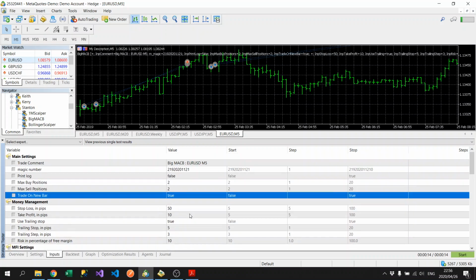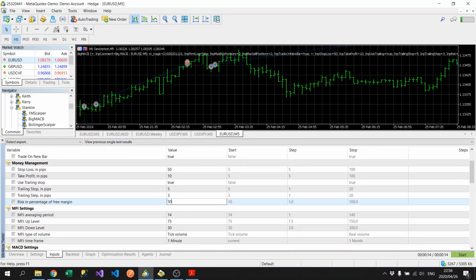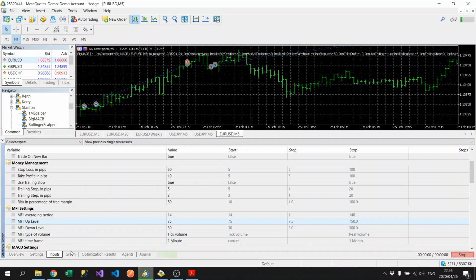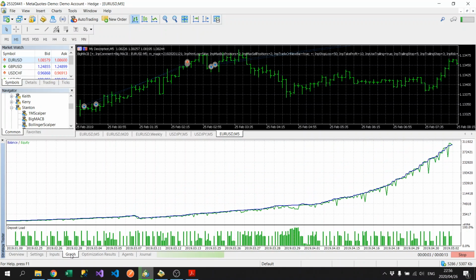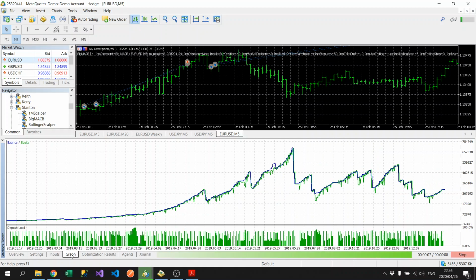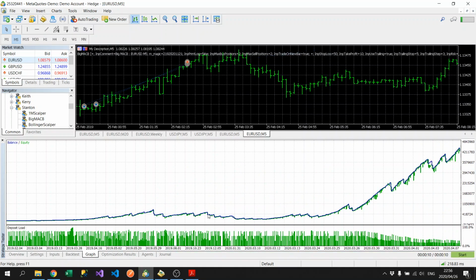Okay, so let's actually take this up a notch, and say we're going to risk 50% of our free margin every trade. Let's run that. So at higher risk, you're posting up to 4 million, which is 40,000% over the year.